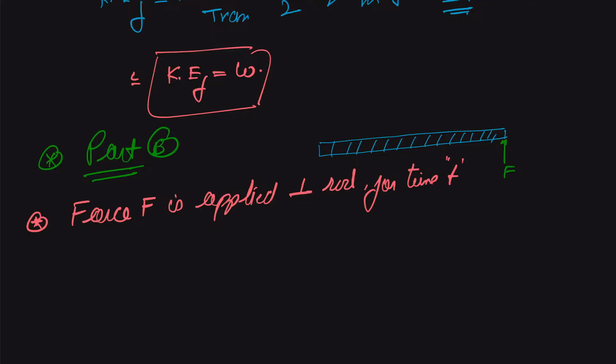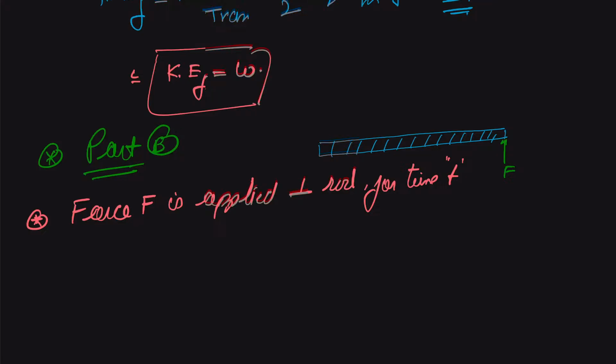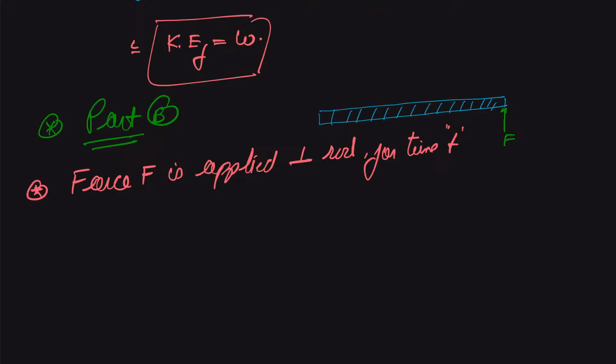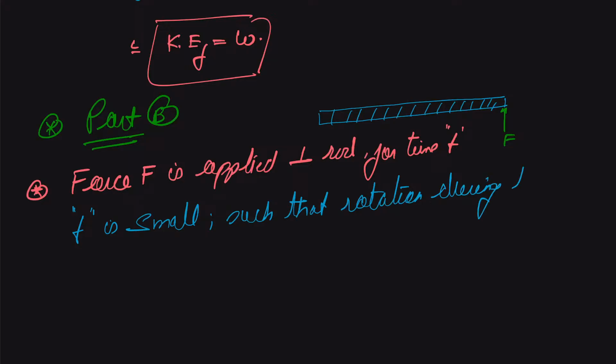So this time t is the same for our first part as well as this part, and it is mentioned in the question that our t is small, such that rotation during the force is negligible.